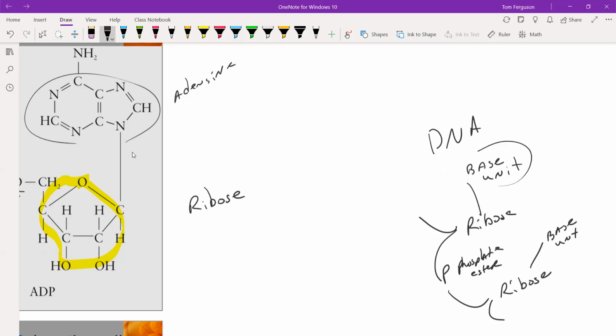There are the base units, ribose or deoxyribose, depending whether it's RNA or DNA, and phosphate esters linking the ribose sugars together. So this inorganic phosphate ester is really important biologically.